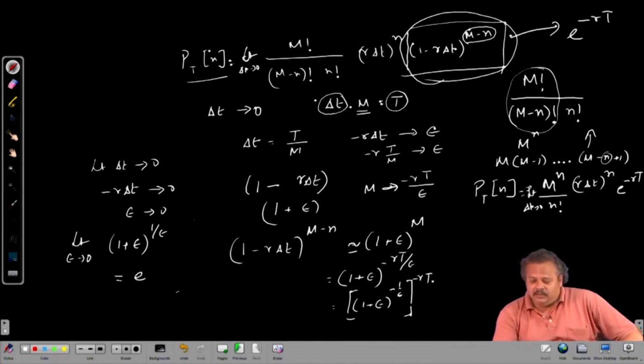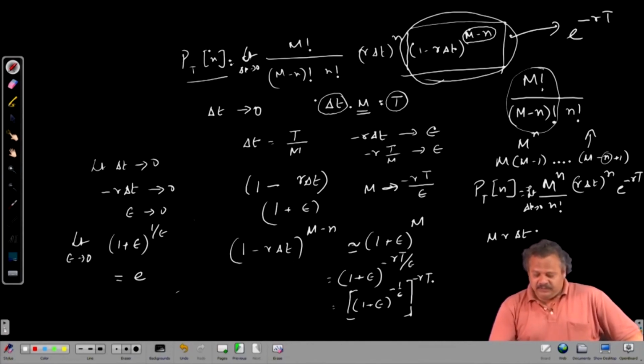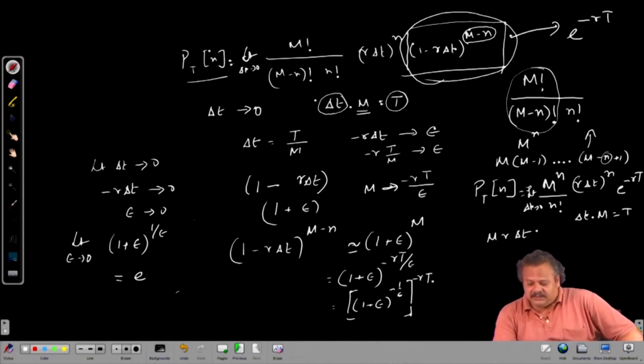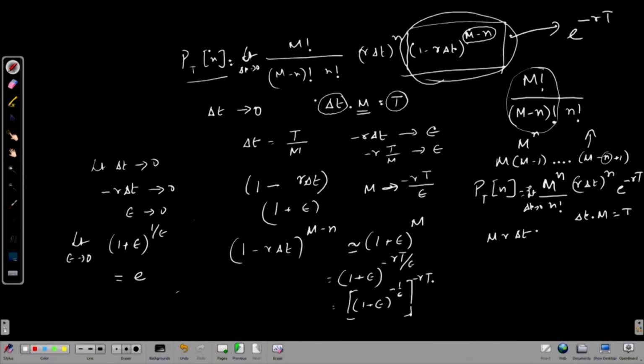Now, actually m r delta t can be replaced by using our delta t times m equal to capital T; m delta t can be replaced by T. So m r delta t becomes rT, and so the overall expression turns out to be P_T(n) equals rT to the power n divided by n factorial, e to the power minus rT.